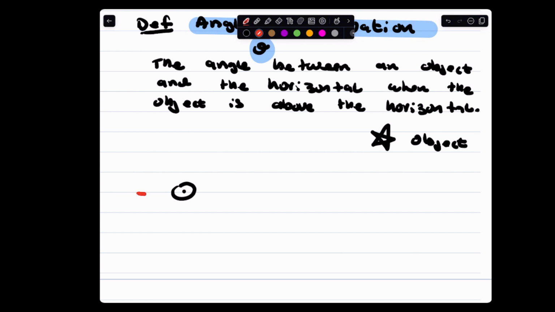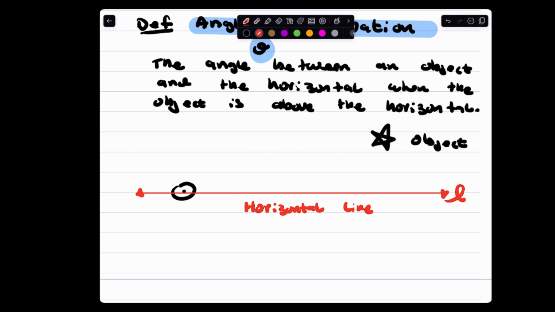A horizontal, so you guys know, is an imaginary horizontal line where your eyeball is. So this is a horizontal line. I'll put the abbreviation there, L, for line, that's a horizontal.